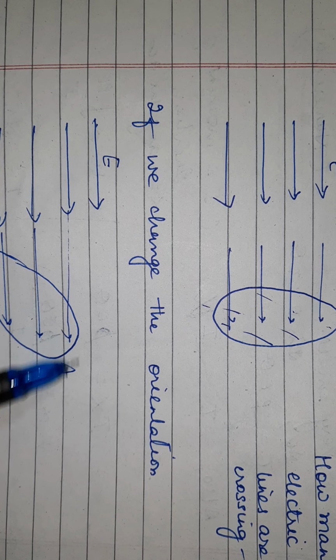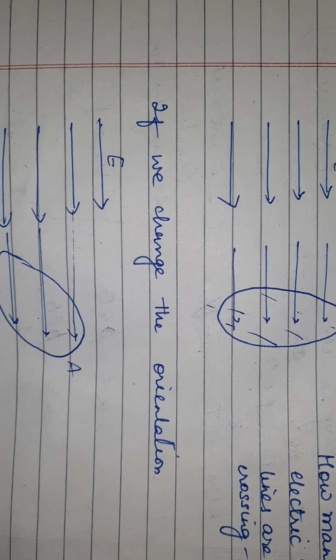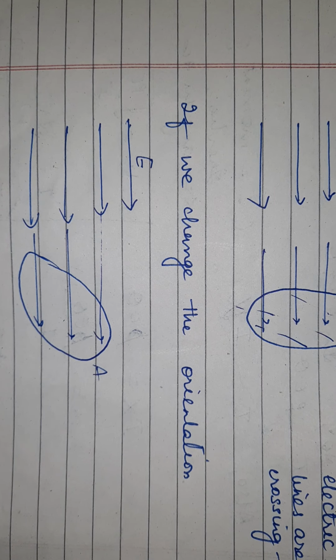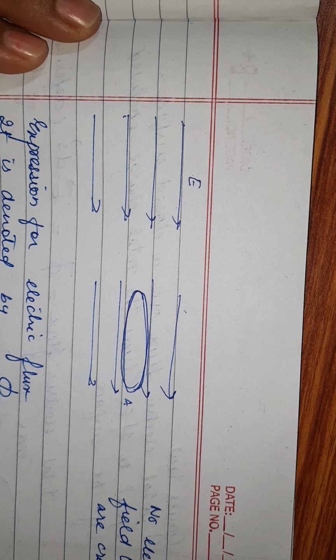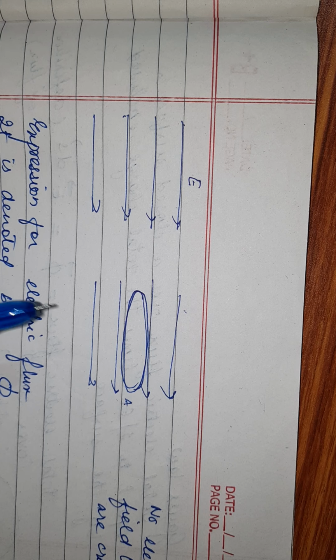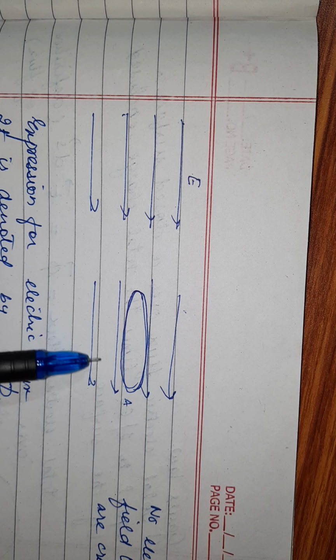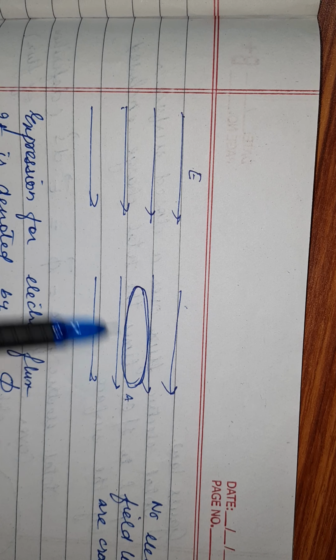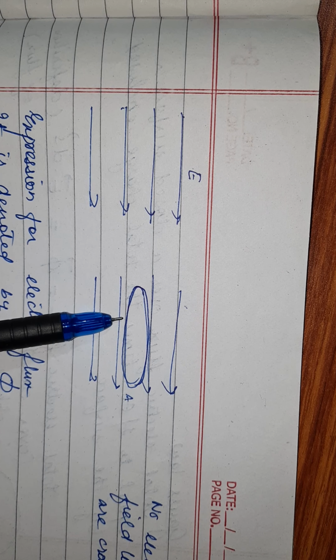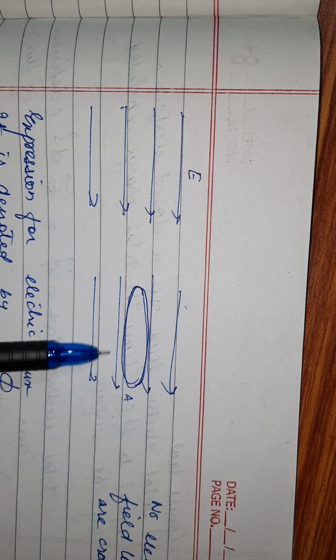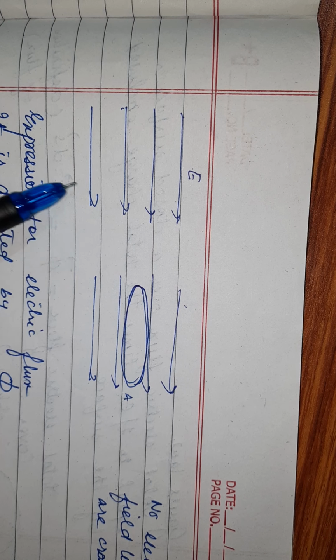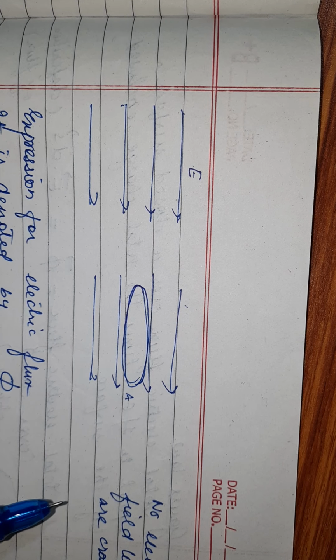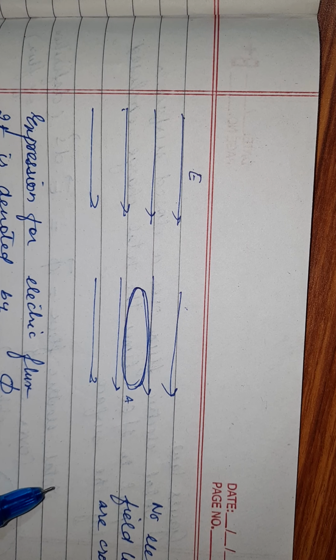But when we have changed the orientation, a lesser number of electric field lines are passing through this area. Now further, if we change the orientation of this area again, in this figure you can see no electric field lines are crossing this area. So orientation is very important when we are dealing with electric flux.